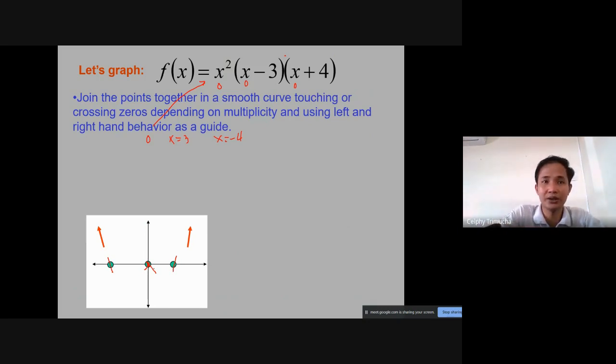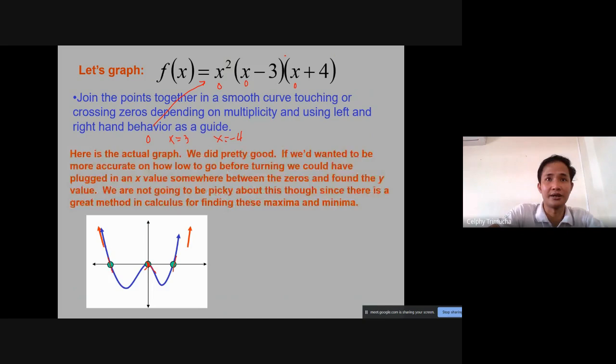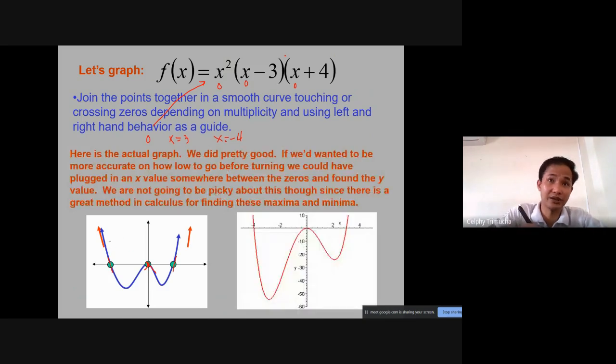So, our graph will be, from left to right, crossing at negative 4, touching at 0, crossing at positive 3. So actually, in the actual graph, I have this one. This is how the shape looks in graphing.